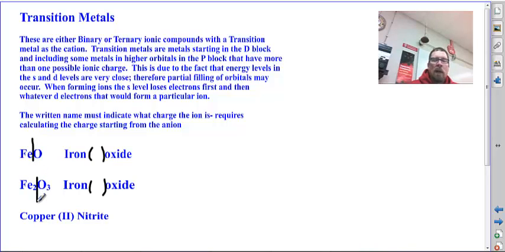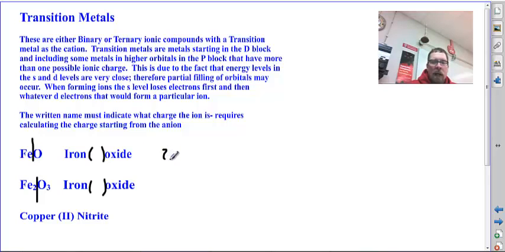Transition metals are metals. All metals are cations. They're always positive. So one thing that I can infer from that is anions, in this case the oxygen, will never change its ionic charge.